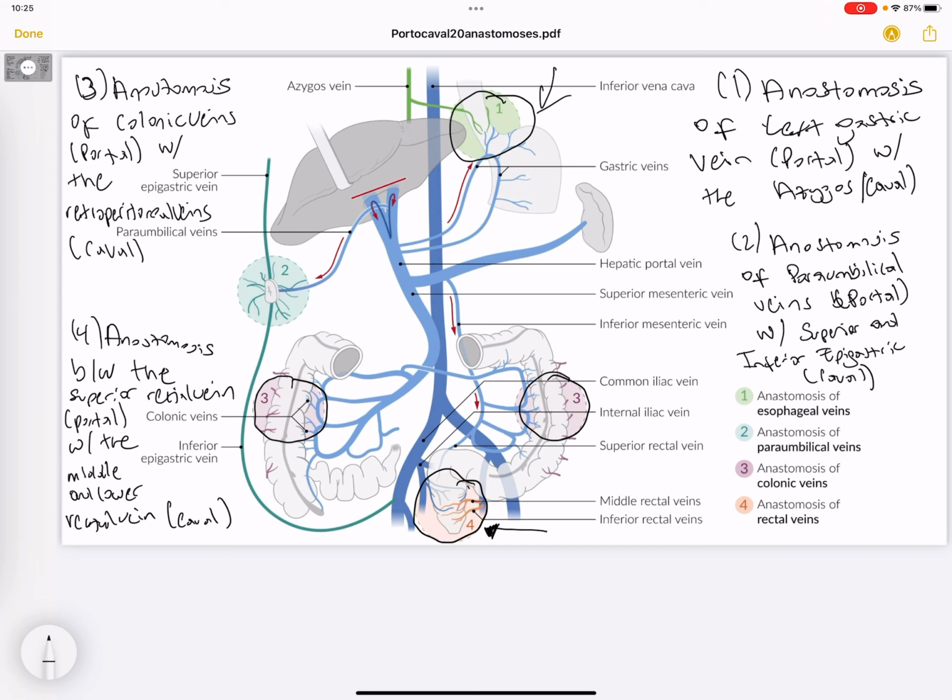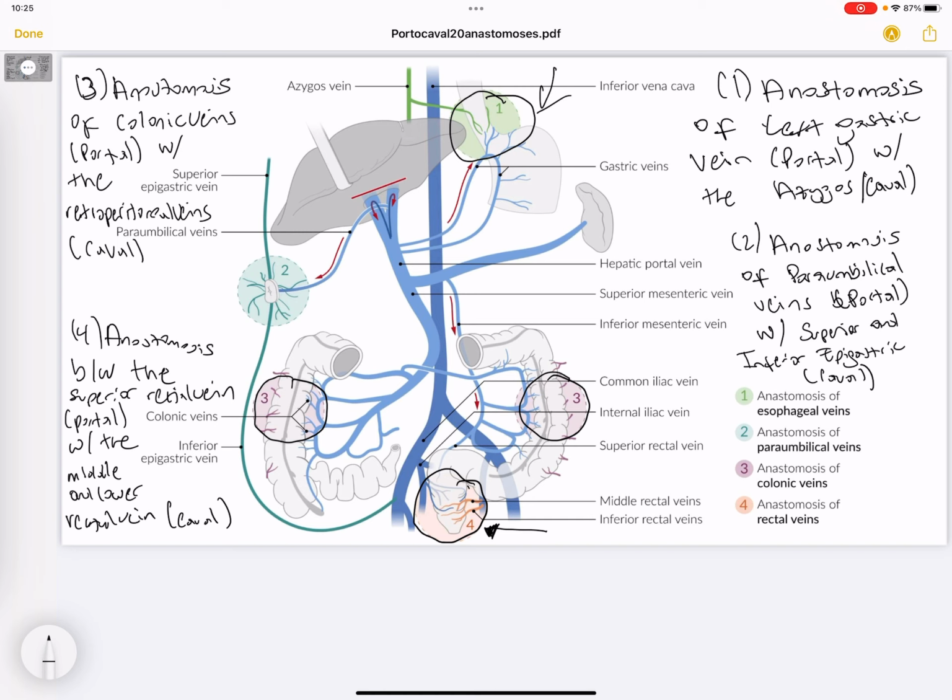Okay, and we said that with portal hypertension, at the site of these anastomoses, we are going to see different pathologies. So for example, at site number 1 with portal hypertension, we're going to see esophageal varices. At site number 2, at the anastomosis of the umbilical veins, we're going to see something called caput medusae, which is the dilation of blood vessels.